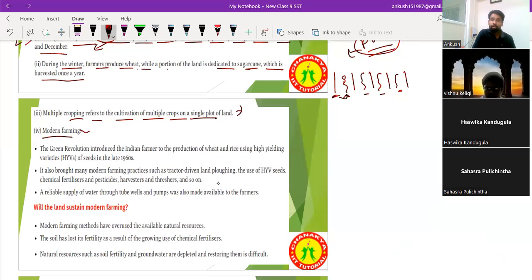The fourth point is modern farming, which is being practiced at a rapid speed nowadays, where laborers are not called to work in the field.